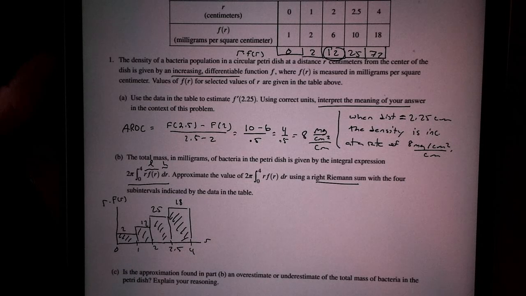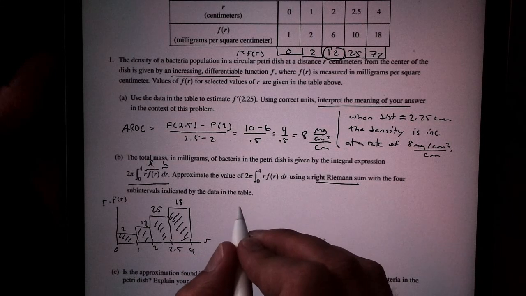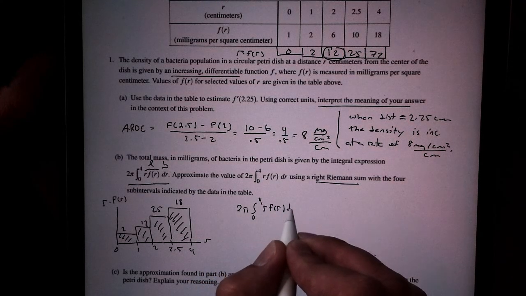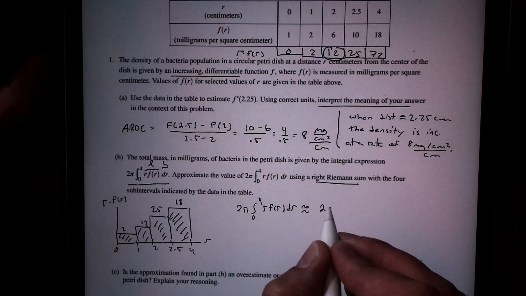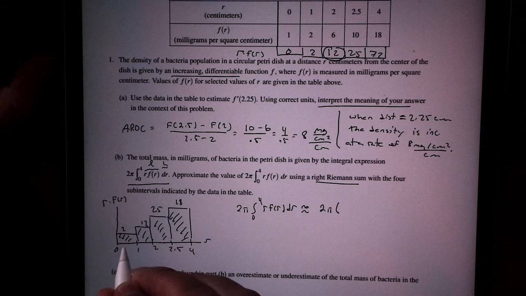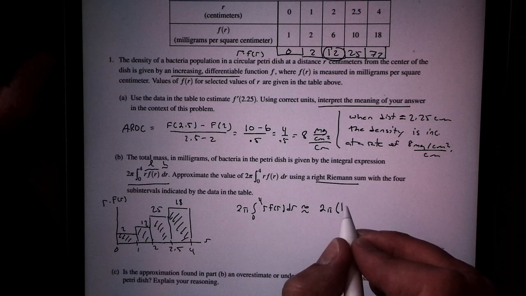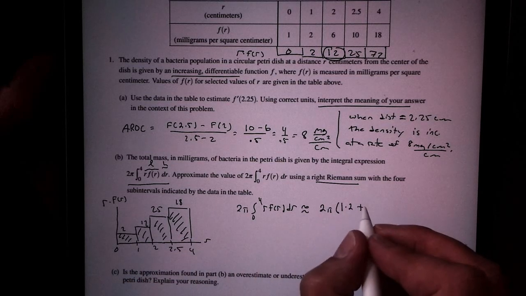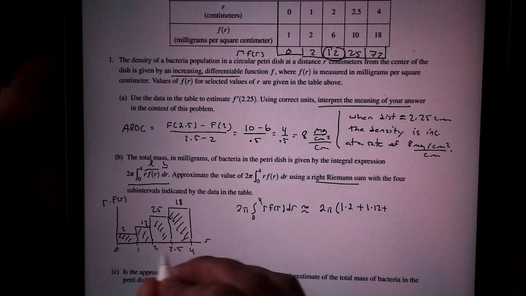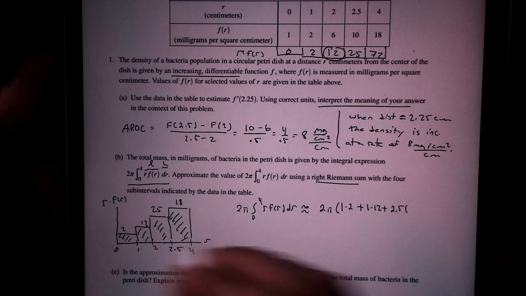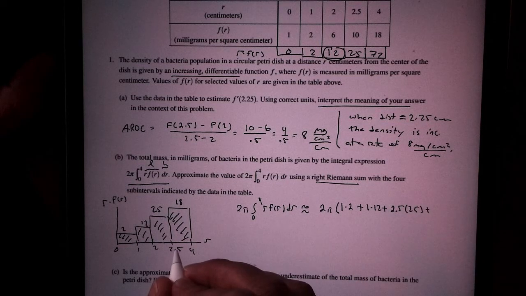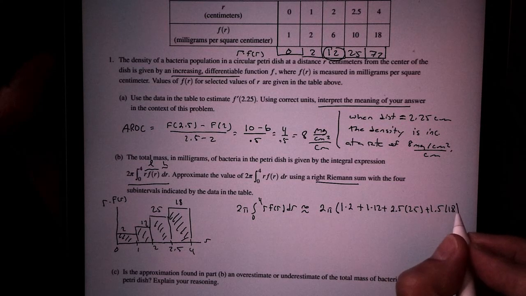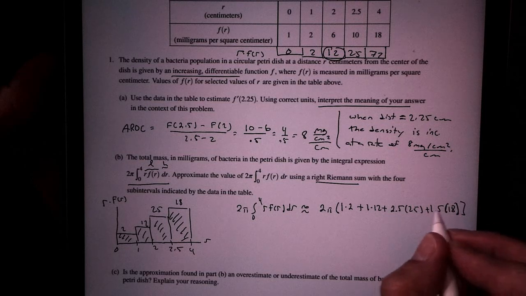Now, when I want to evaluate this integral, 2 pi from 0 to 4 of r f of r dr, this is going to be approximately 2 pi times, using your rectangles, this is 1 by 2, so it's 1 times 2 plus 1 by 12 plus, this is 2.5 by 25, and the last one, that's 1.5 by 18. Use parentheses there so I don't confuse the dots with multiplication.